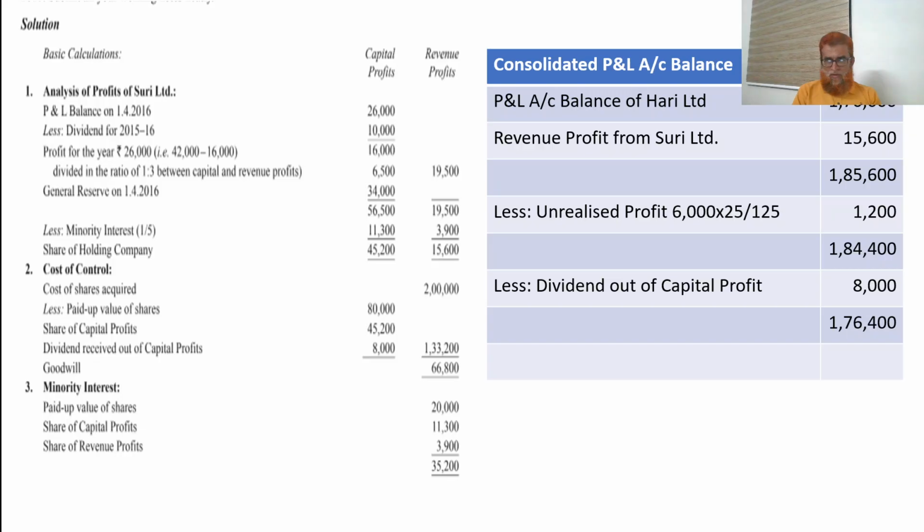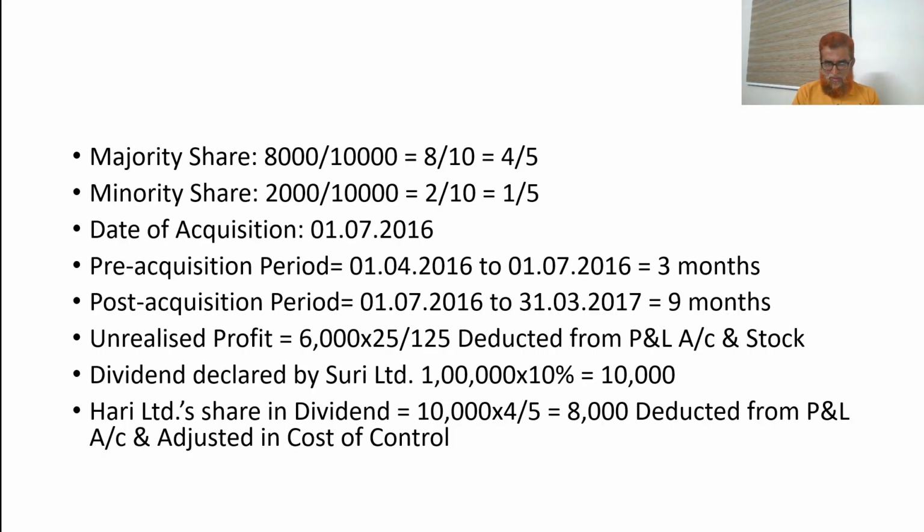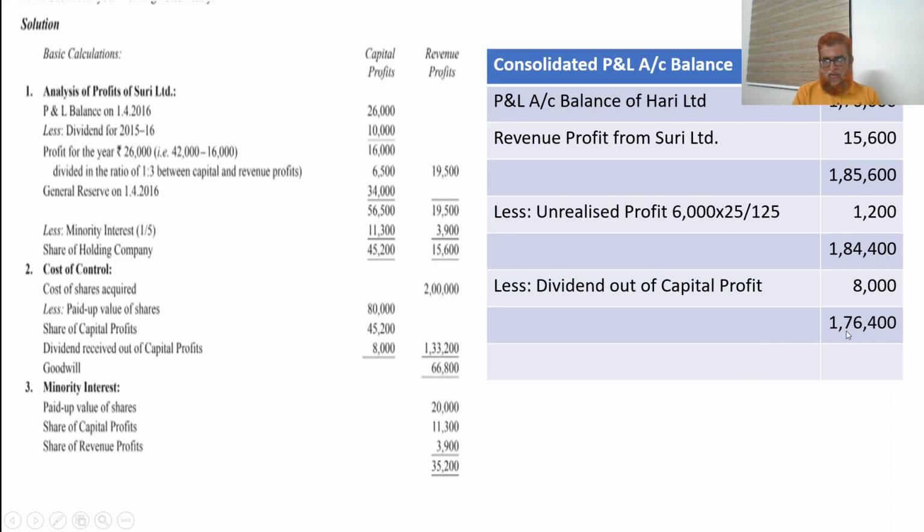From this you have to deduct, as I told already, unrealized profit we have calculated in the earlier slide. Then dividend out of the capital profit, 1,200 and 8,000. We will show you where it is. This is 1,200, 6,000 into 25 by 125. And this is 8,000. These two we have deducted here. So finally in the balance sheet, you will have 1,76,400 as the profit and loss account balance.